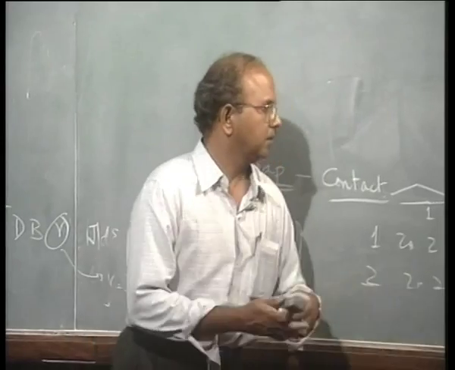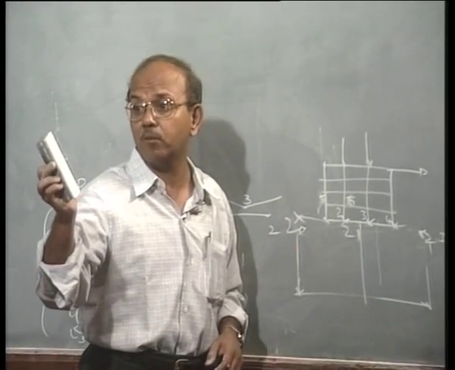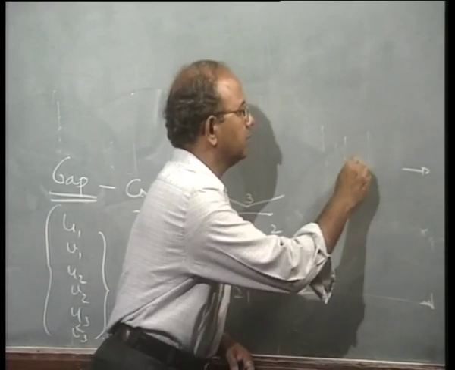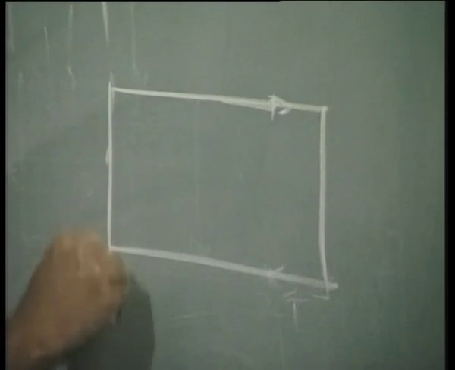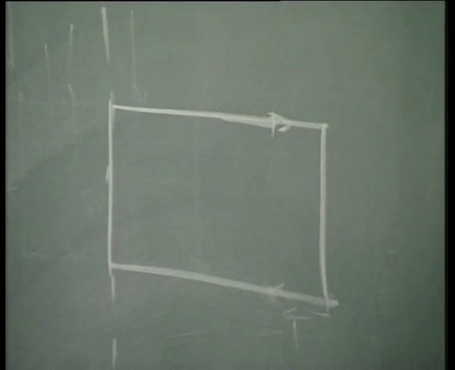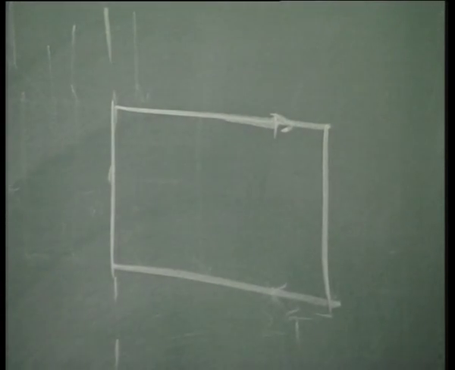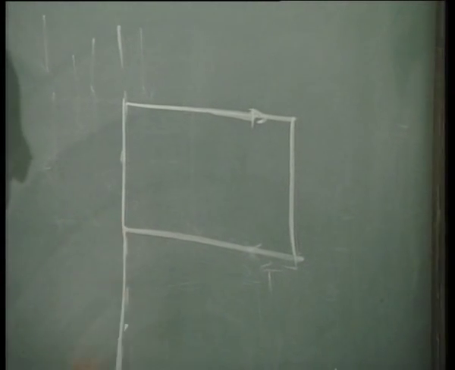Yeah, let me take the same problem. Let us say that I am doing an axisymmetric problem, right? This is the axis of symmetry. What does it mean? It means it is a ring. The ring is now sitting on a block.